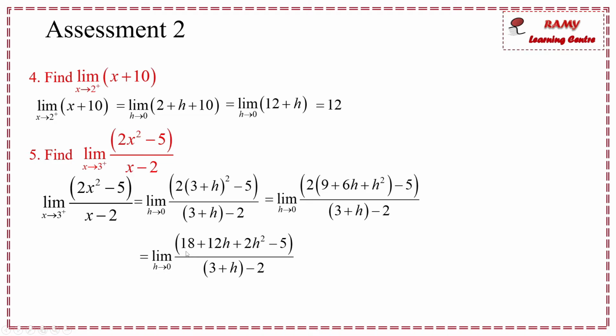And you get the value limit h tending to 0 of 18 plus 12h plus 2h squared minus 5, because I have multiplied this 2 with the bracket. And simplify this further. So you have 18 minus 5 is 13. All the others remain the same. Here again 3 minus 2 is 1 plus h. Now substitute the value h is equal to 0, because now we have reduced it to its lowest form. So when you substitute the value h is equal to 0, you get the value 13 by 1, which is 13.